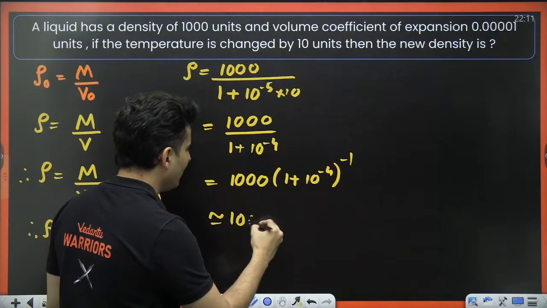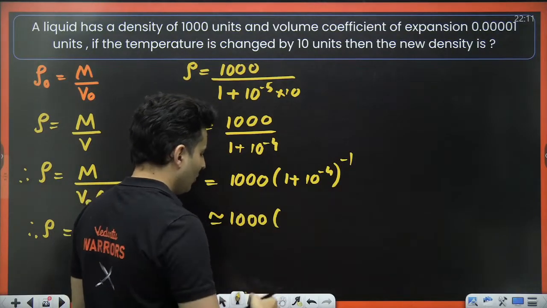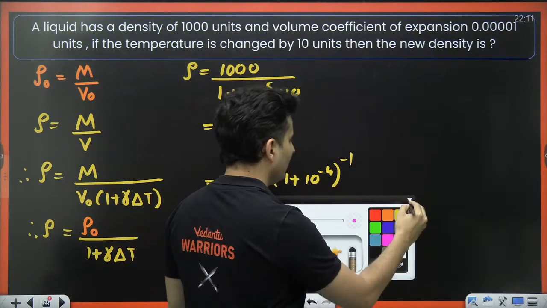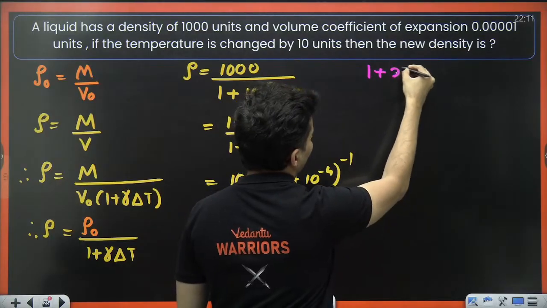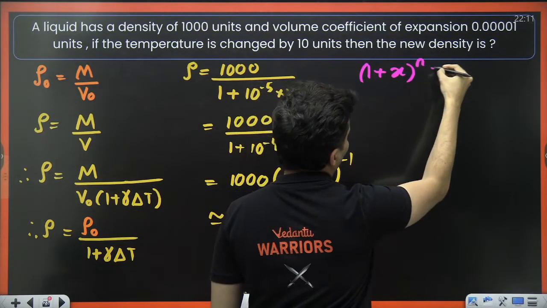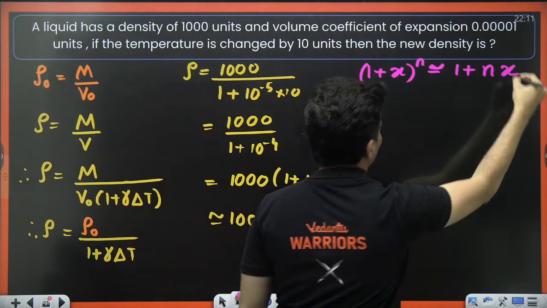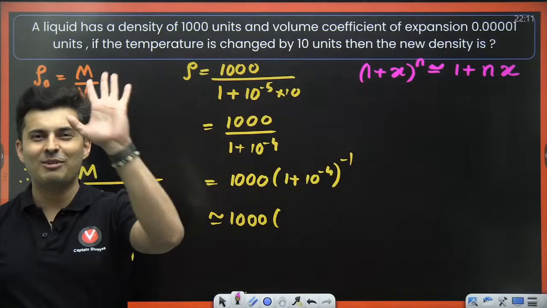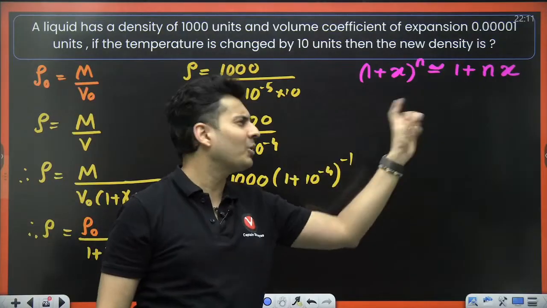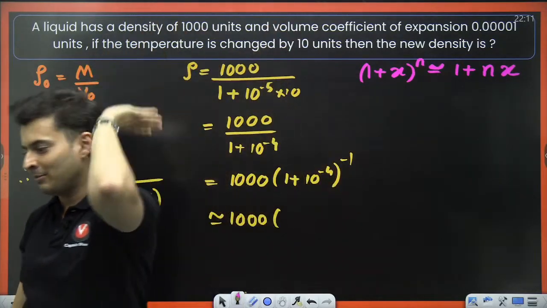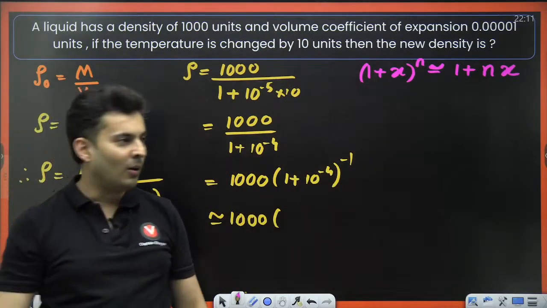What is that formula in case you have forgotten? 1 plus small number x raised to n is approximately 1 plus nx. This is the approximation. If you don't remember, I am telling you this. Just remember it now.